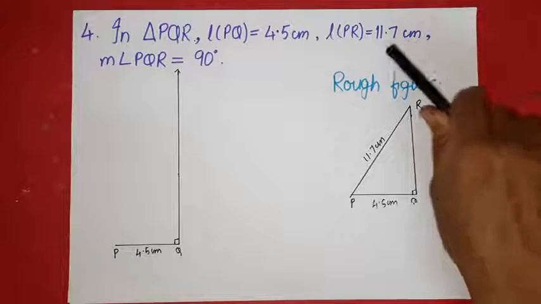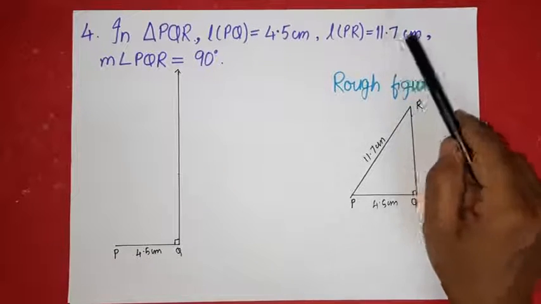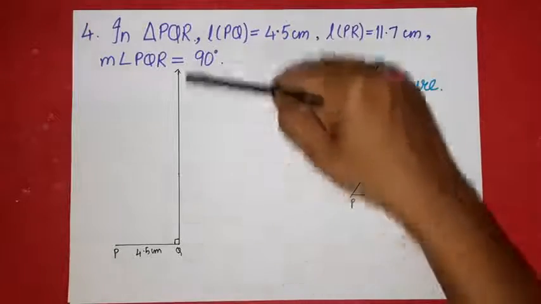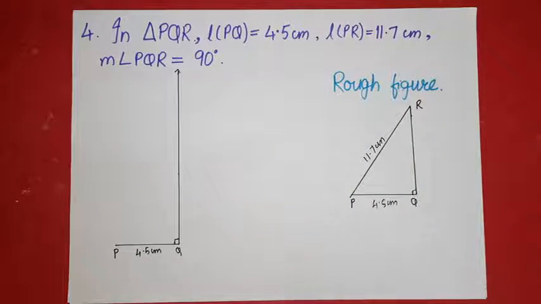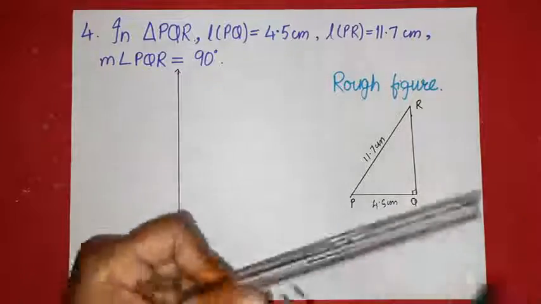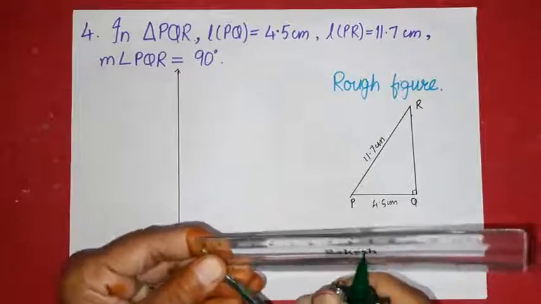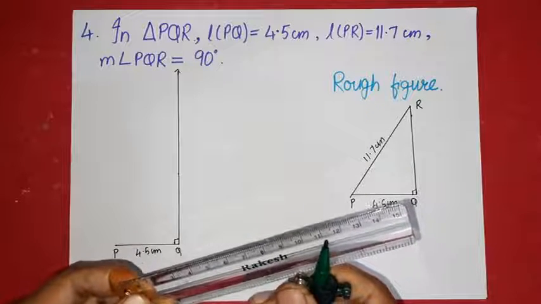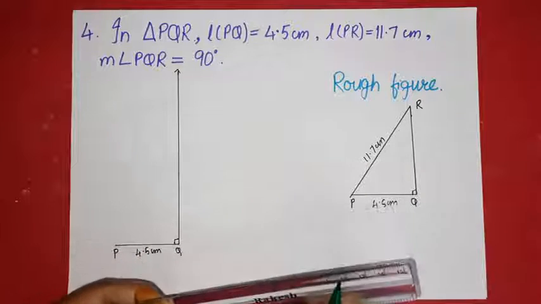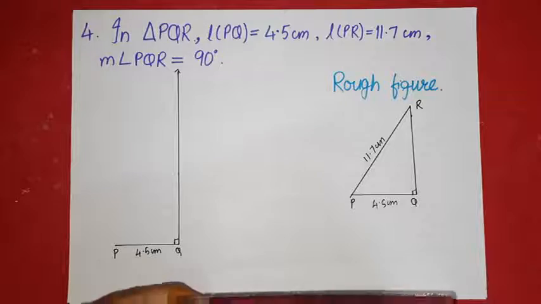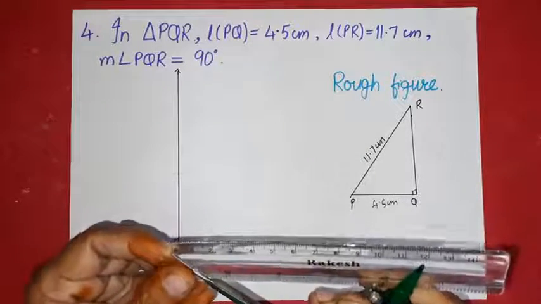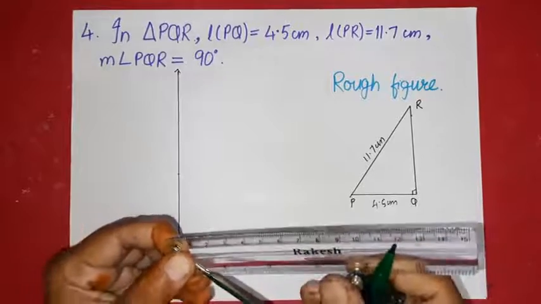Now we have to mark 11.7 centimeters starting from vertex P on this ray. So take the compass, put the needle end on 0 and adjust 11.7 here like this. So is everyone able to see? 11.7.